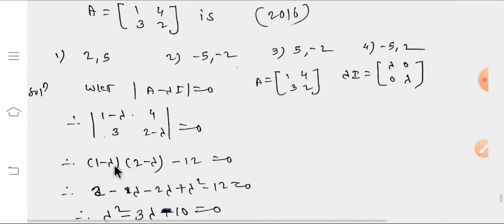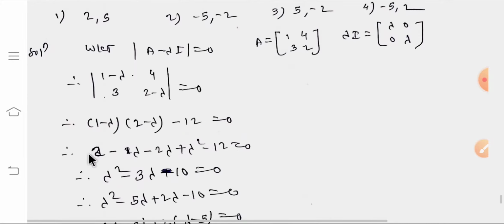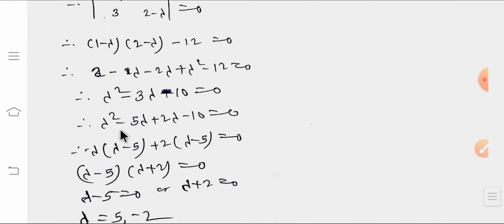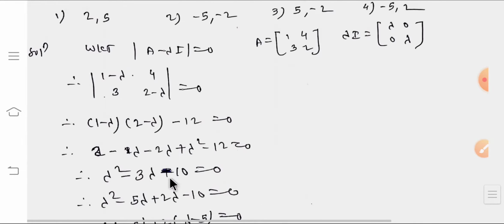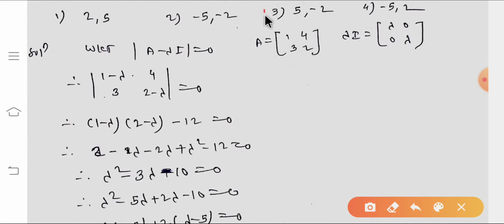Expanding: (1 minus lambda)(2 minus lambda) minus 12 equal to 0. This gives lambda square minus 3 lambda minus 10 equal to 0. Factorizing, the factors are minus 5 and 2, so lambda is 5 and minus 2. The third option is the solution.